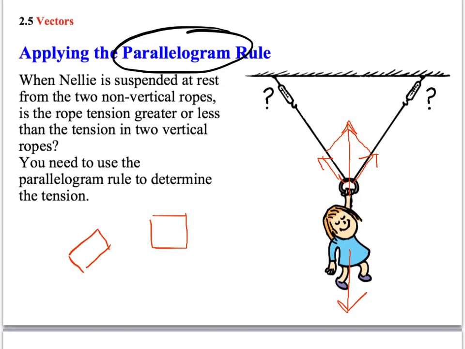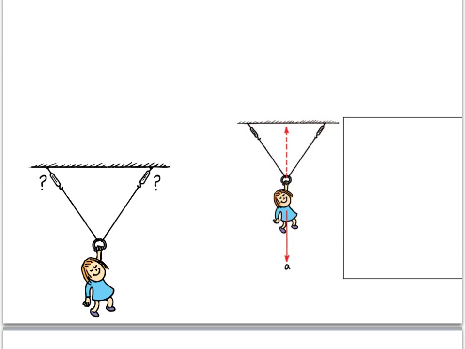It represents the direction and the magnitude. So again, using the parallelogram rule, I could figure out how much force is needed to keep her up. I draw my parallelogram, and then that tells me how much force I have on each one of these strings relative to the normal force that would be needed to keep her up.